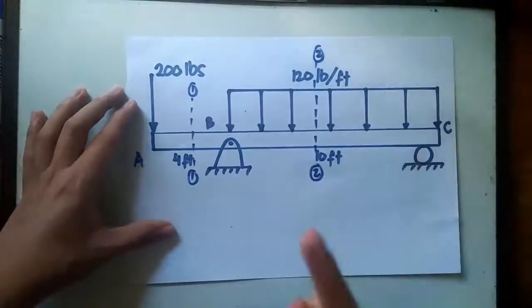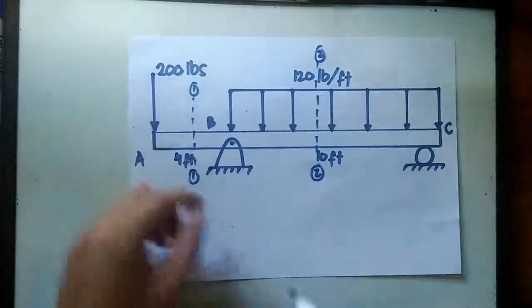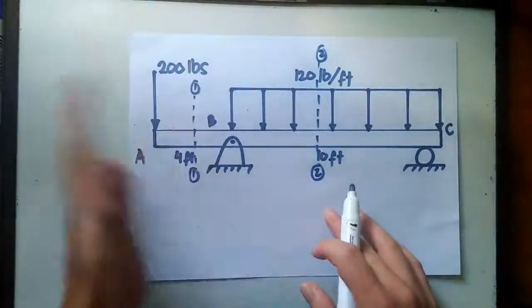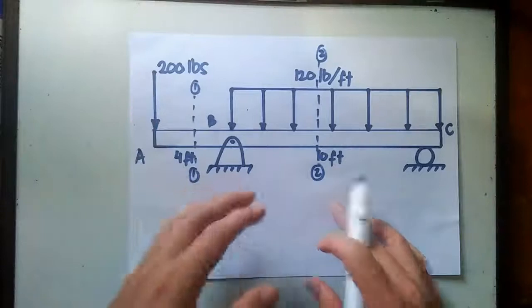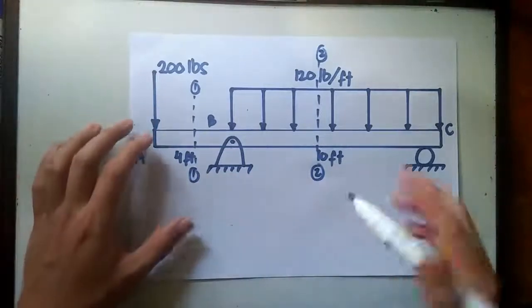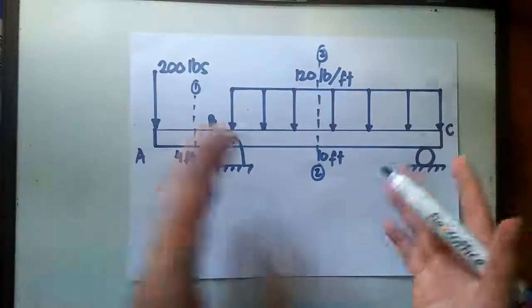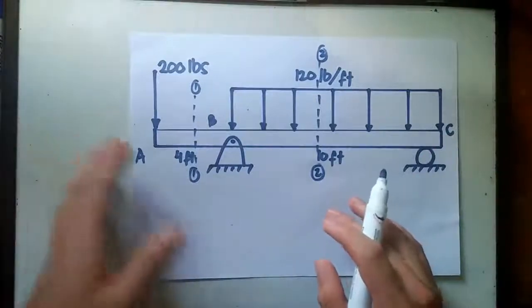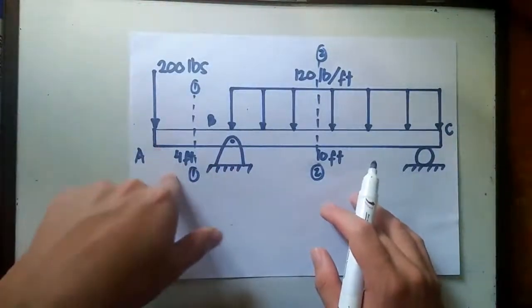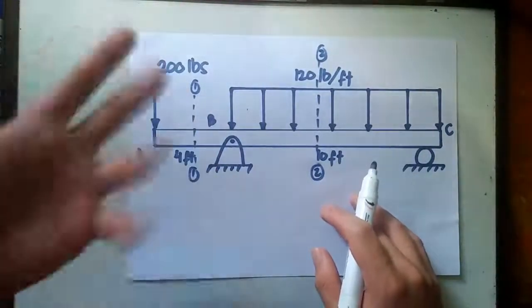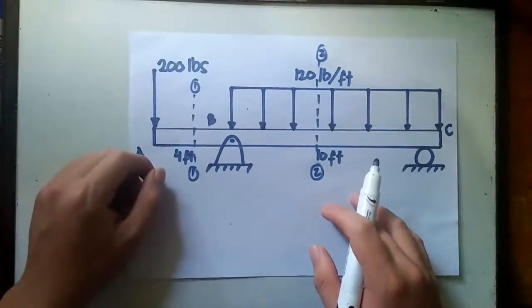Okay, so we have two segments for this problem. We're going to consider first the left side of any given segments. If you want, you can start here on the right, or if you want, you can start on the left. Depends on you. But for me, I'm going to start on the left side because it is much easier, and that is the conventional way in solving these kinds of problems.